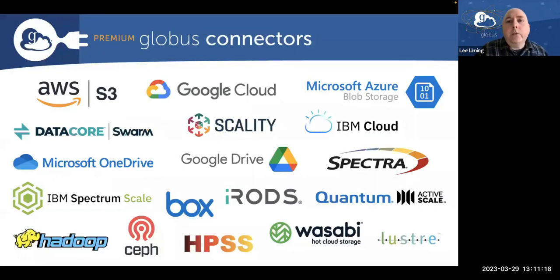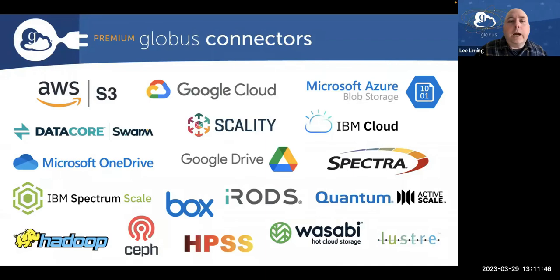Finally, I want to remind you that Globus has storage connectors. These are available to subscribing institutions, and there's a lot of them. So with an add-on to your subscription, you can add on access to Google Drive, to Google Cloud, to Azure Blob Storage, to iRODS, Box, whatever types of storage you're providing to your researchers, there's probably a Globus connector available for it.